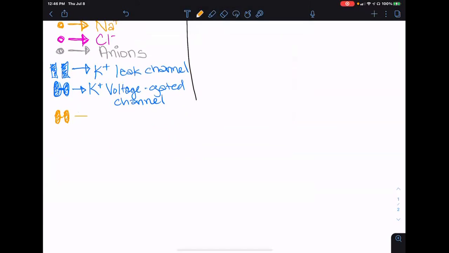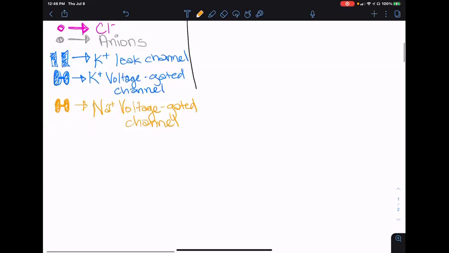And it's got the door, that gate, just like we saw with potassium. But this is our sodium voltage gated channel.